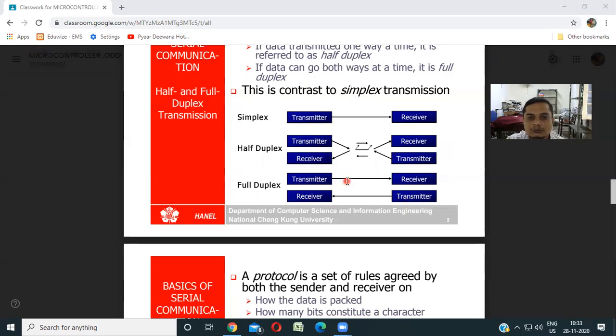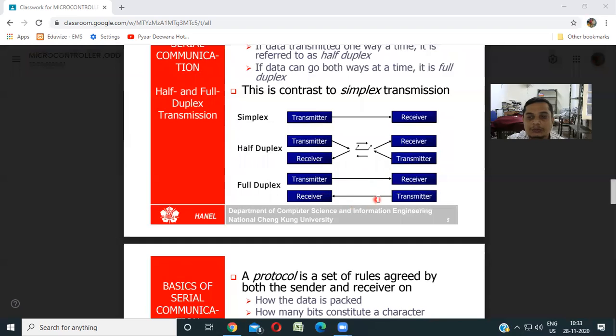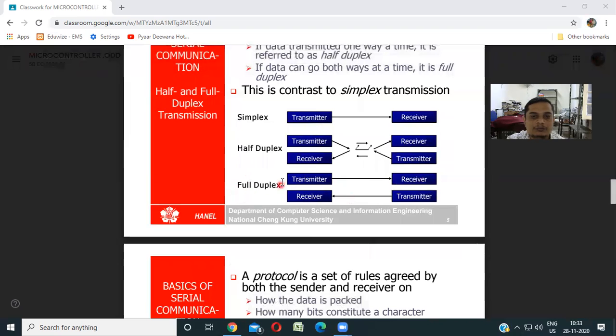We require two wires here: the first wire and the second wire. The communication takes place simultaneously, and then it is called full duplex. Simplex is one way, half duplex is two way but not at the same time, but full duplex has simultaneous transmission in both directions.